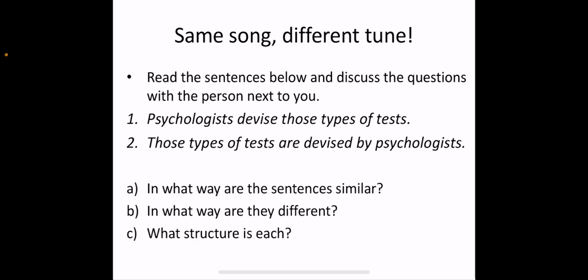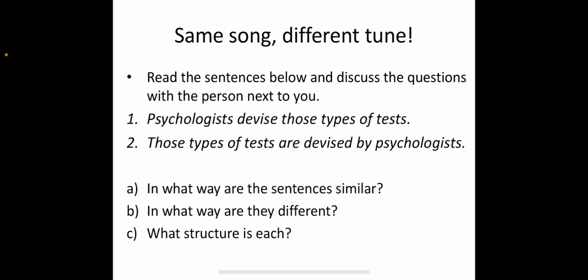So we are starting with an object, and then we have verb to be, right? And then we have a type of past, which is actually the participle form of a verb. And then we finish with a complement, which is the object, but in this case is the subject of sentence number 1. So we can see that the structure is inverted.